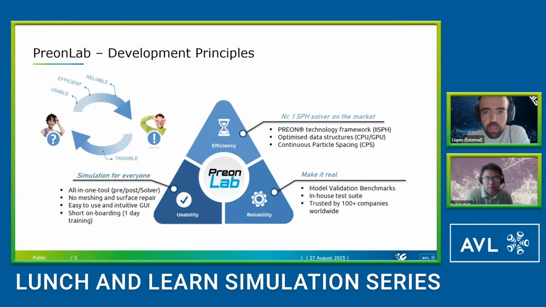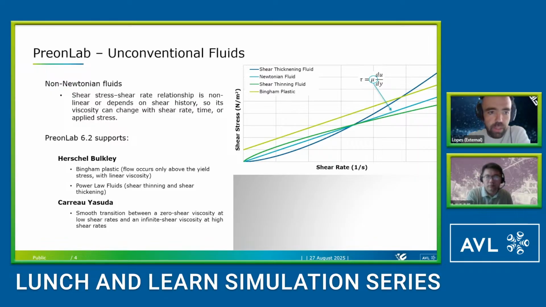And right now, PreonLab is used by more than 100 companies on all 5 continents. So we can say that we are trusted by a lot of different entities, and this makes us, of course, very proud. And yeah, these are the 3 pillars of development behind our product.